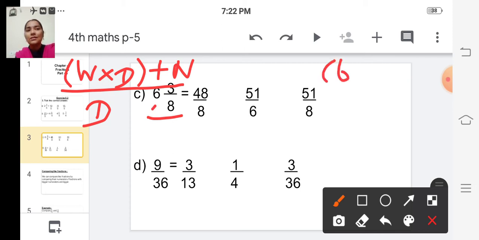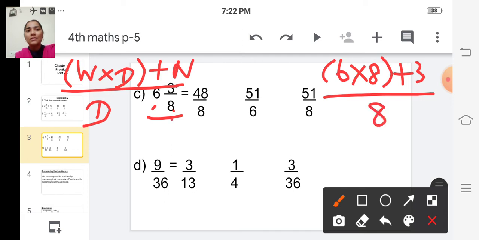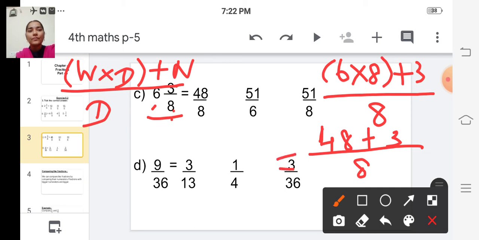So 6 into denominator, which is 8. So 6 into 8 plus numerator 3, divided by denominator 8. So 6 8s are 48, plus 3 divided by 8, which is equal to 48 plus 3 is 51.